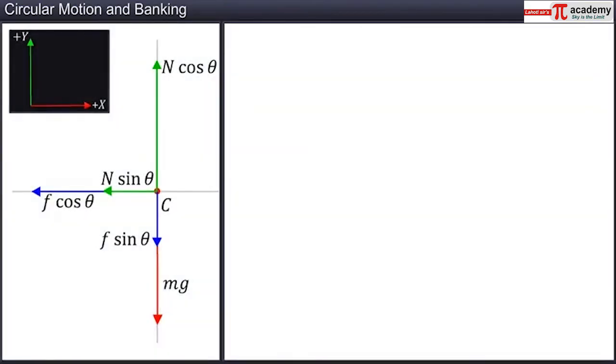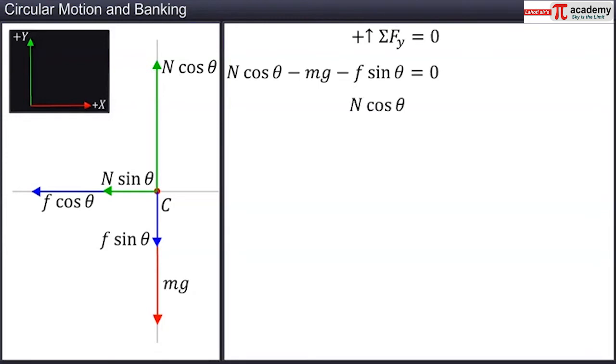As there is no motion of the car in the vertical direction, the net force acting along y direction is equal to 0, or N cos theta minus mg minus F sin theta is equal to 0. This implies N cos theta is equal to mg plus F sin theta.